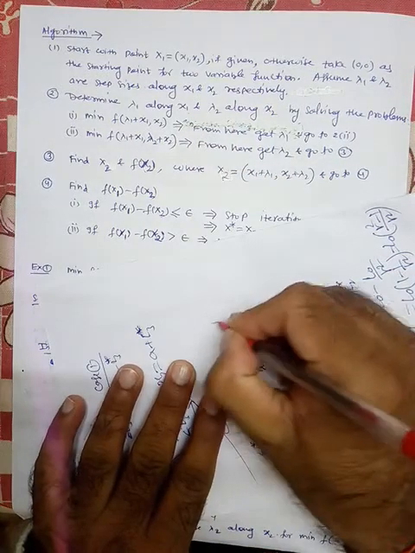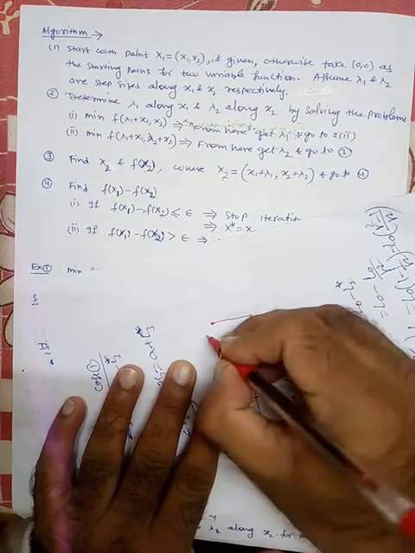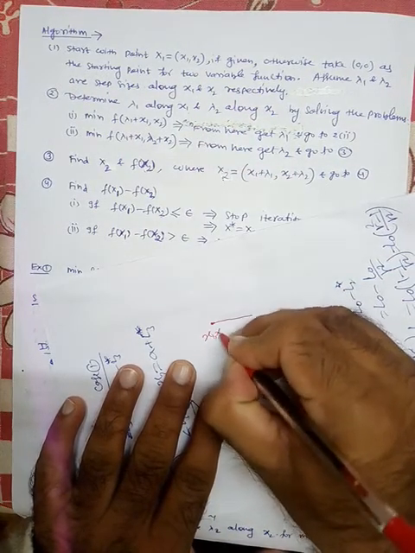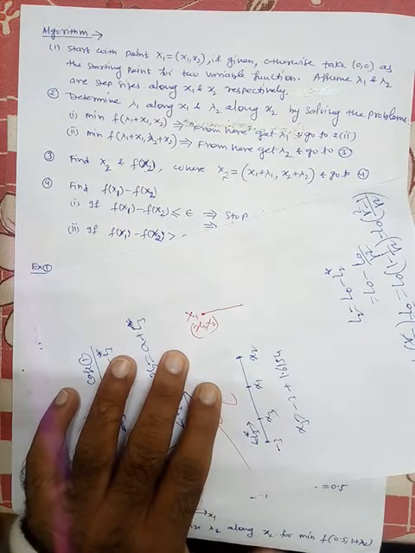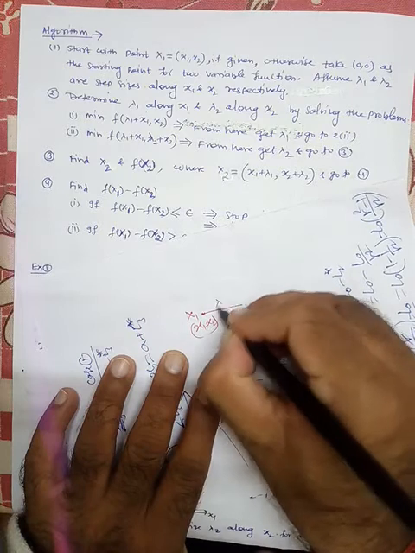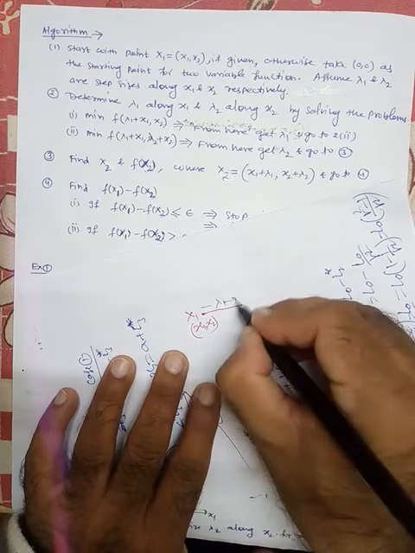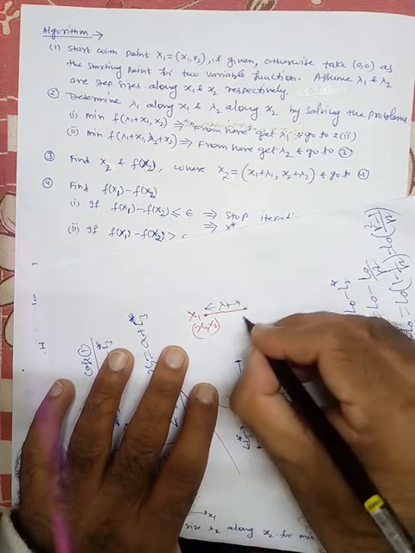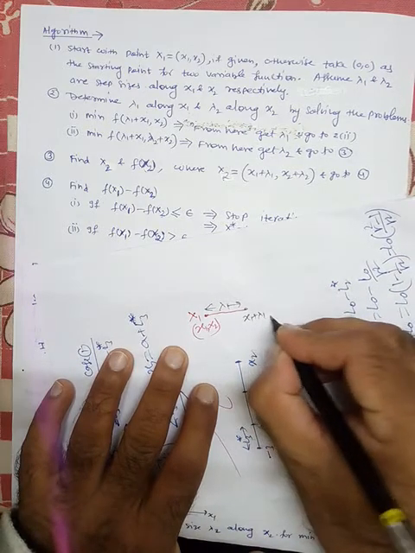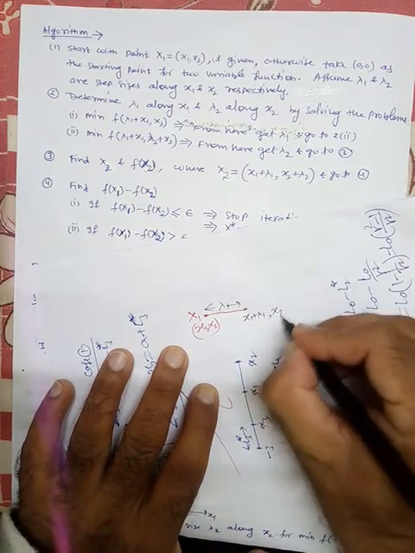Here we have started with this point x1 and x2. This is called X1. Then we will move in this direction, lambda 1 step size. So what will be the coordinate of this point? x1 plus lambda 1 and x2.